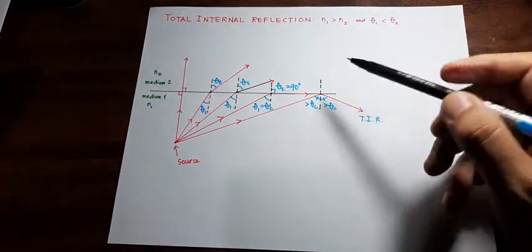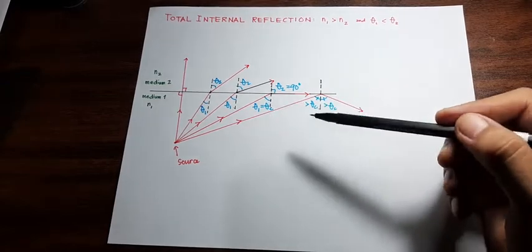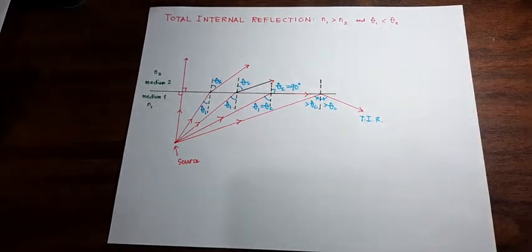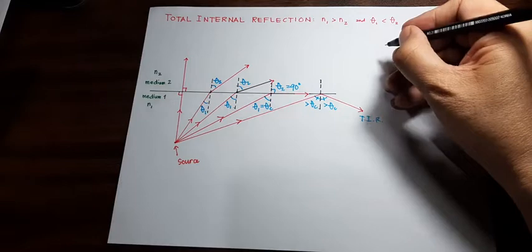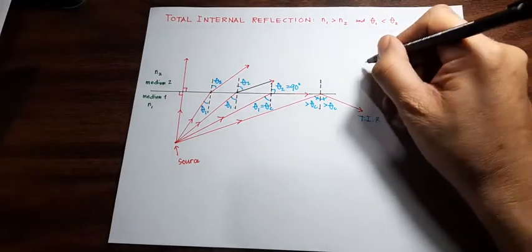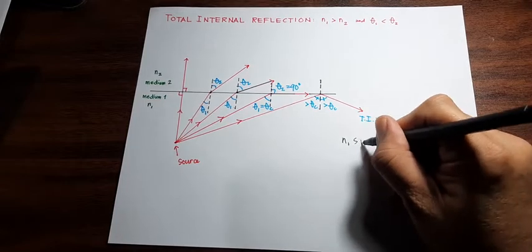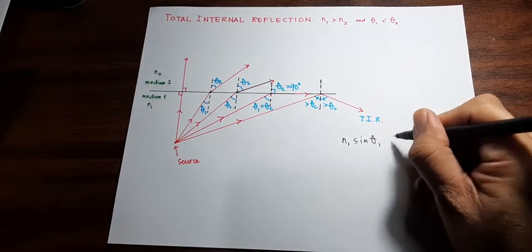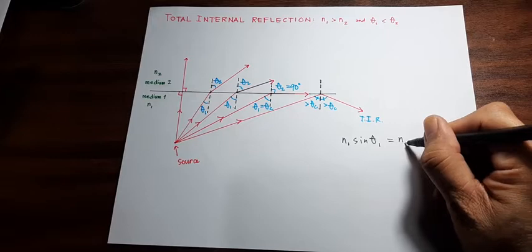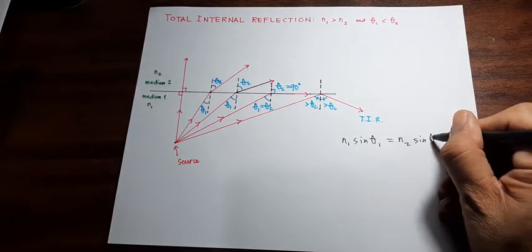So the limit again of refraction is called the critical angle. And to compute the critical angle, we use Snell's law. If you recall from the previous video, n1 sine angle 1 is equal to n2 sine angle 2.